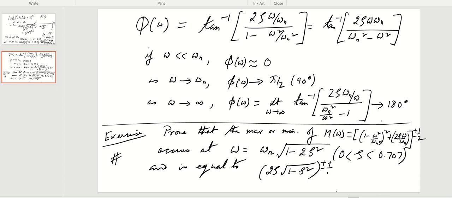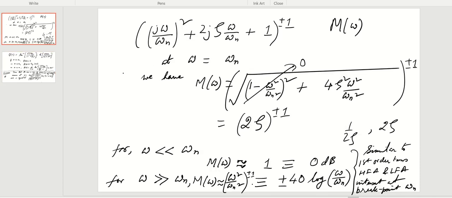The interesting thing here is that at omega equal to omega n, we know that the magnitude is 2 zeta to the power plus minus 1. So essentially it means that the value attained at omega equal to omega n is not necessarily the maxima.